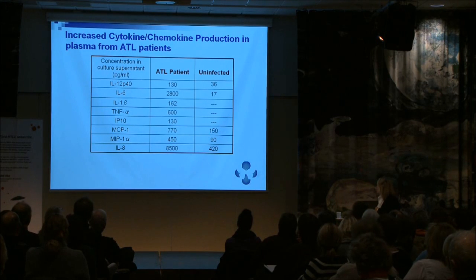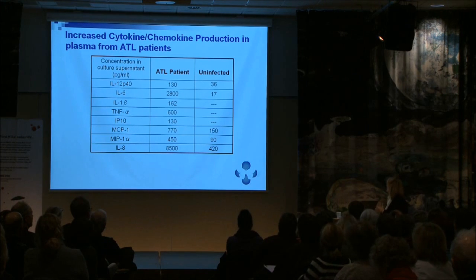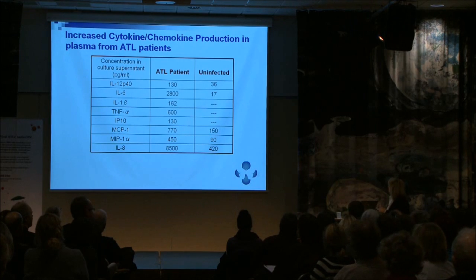High levels of interleukin-6, TNF-alpha, interferon response protein 10, interleukin-8. These are inflammatory cytokines and chemokines that could be hypothesized to be causing or leading to the disease. Importantly, much lower levels in uninfected, healthy individuals.